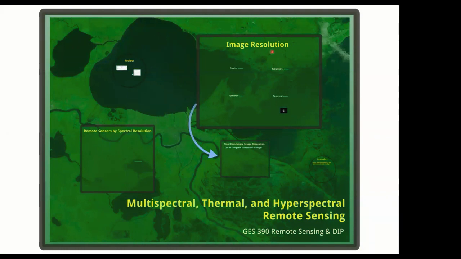For image data, there are 4 types of resolutions: spatial, spectral, radiometric, and temporal. Multispectral, thermal and hyperspectral are related to one of the resolutions, spectral resolution.